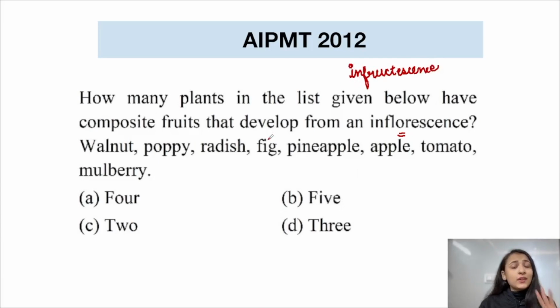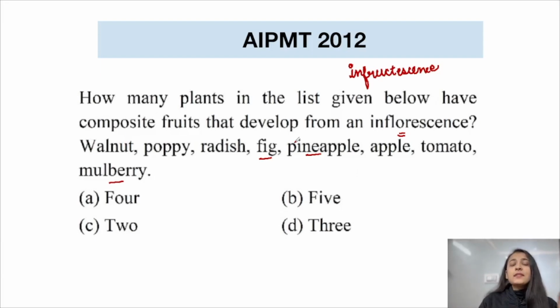Now we studied 3 examples in case of composite fruits. These were fig, pineapple and mulberry. We also studied the pineapple fruit image and its inflorescence image. As you would recall, each segment in the pineapple fruit developed from one flower present in the inflorescence. So the inflorescence of pineapple will obviously have numerous flowers, right?